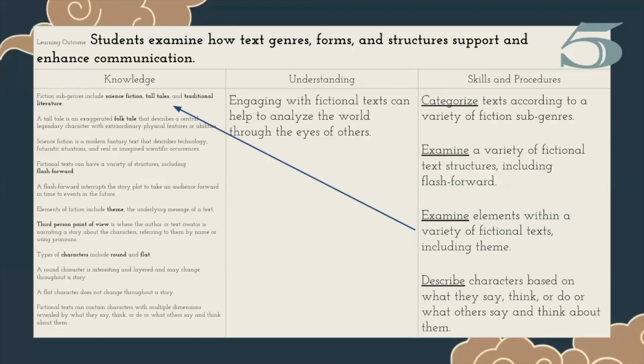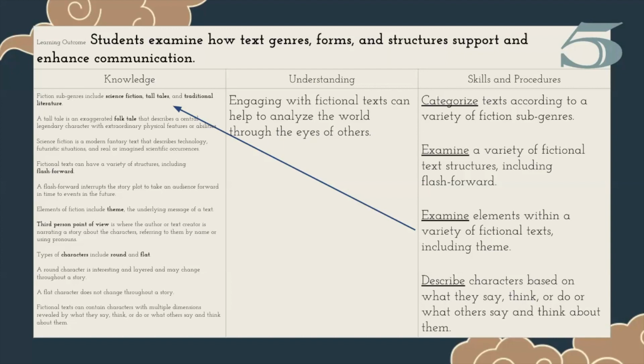So themes are universal topics that are explored through the text. Examples of themes that you might encounter include friendship, love, death, courage, which could be connected to the hero's journey, perseverance, overcoming obstacles.